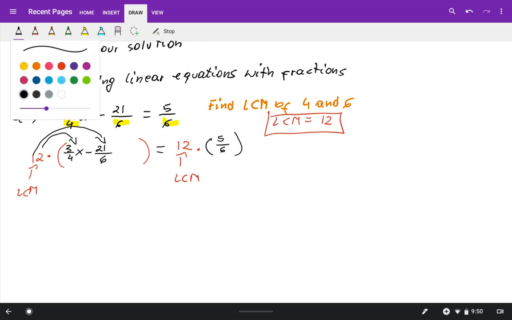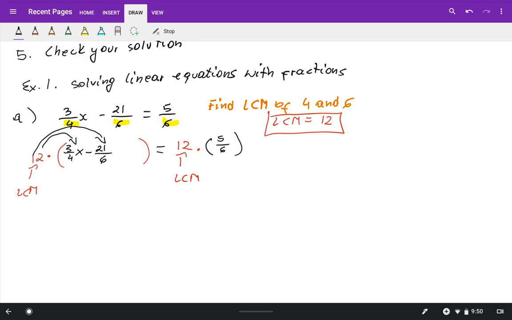Let's review: a number multiplied by a fraction, you only multiply the numerator of the fraction by 12. So we have 12 times 3 over 4 x, and 12 times negative 21 over 6, that will be negative 12 times 21 over 6.